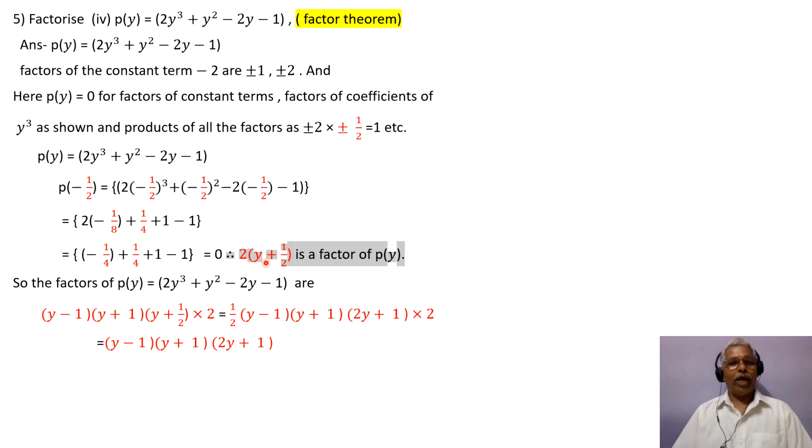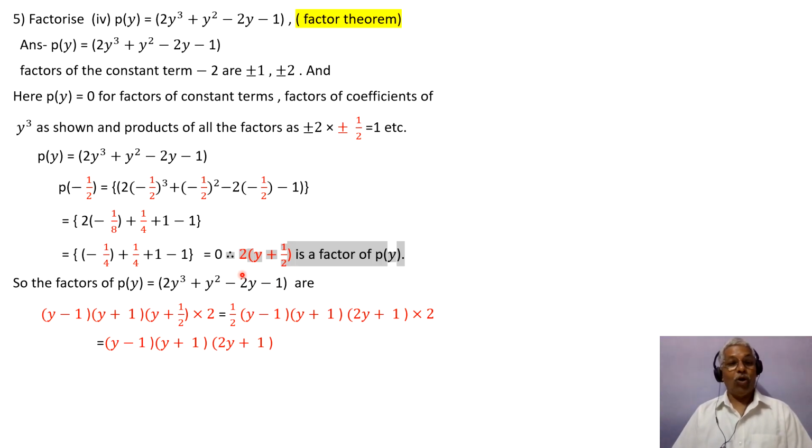So y plus 1/2 is a factor, provided you multiply the whole by 2, because this whole thing is divided by 2 and multiplied by 2. And because you divide by 2, you are getting the constant term as minus half, when this is also multiplied by 2. So we have to carry this 2 forward.